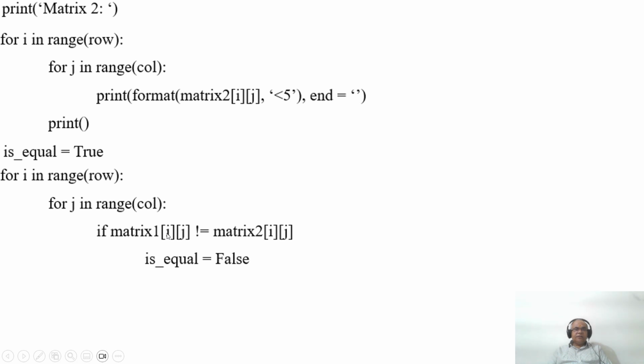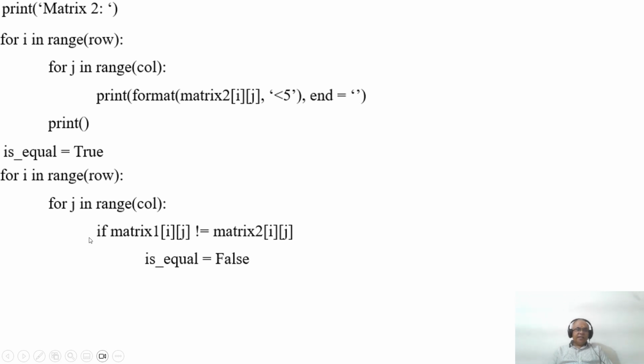That means matrix 1 of 0 0 is compared with matrix 2 of 0 0. If they are equal, then this condition becomes false. Since the condition is not equal, if it becomes true, then is equal false.